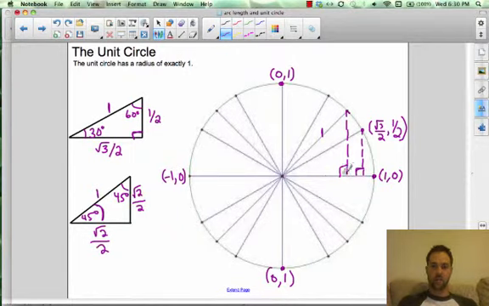Now this is in the x direction, root 2 over 2. And in the y direction, from the x-axis up to this point, right here, is also root 2 over 2. So that's the coordinates of those points at 45 degrees.